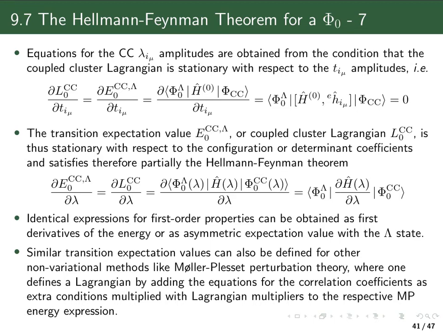I've illustrated the idea of this Lagrangian for the coupled cluster wave function and energy, but one can define a corresponding Lagrangian also for the Møller-Plesset second order or higher order energies, and then derive expressions which will fulfill the Hellmann-Feynman theorem also for Møller-Plesset perturbation theory.